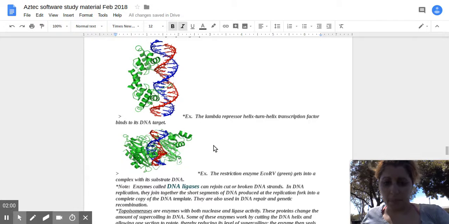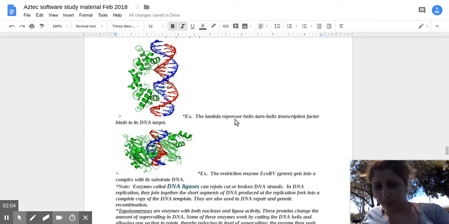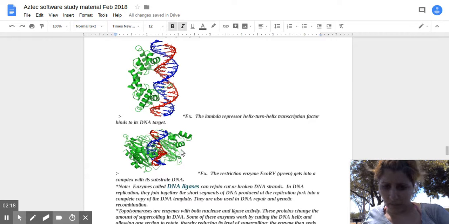An example, the lambda repressor helix-turn-helix transcription factor binds to its DNA target. So this is one type of protein. The restriction enzyme EcoRV, in green, gets into a complex with its substrate DNA.